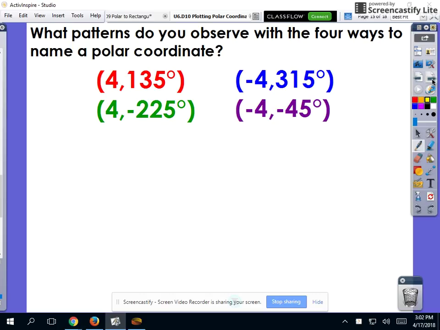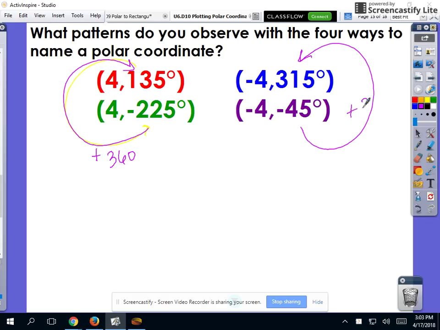All right. So for our connection, hopefully you recognize that from here to here, at least angle-wise, what's the difference? That is an addition. Actually, if we're going this way, that's an addition of 360. The addition here is also 360. Okay. And then if we're looking to go from this value to this value, you're going to add 180.